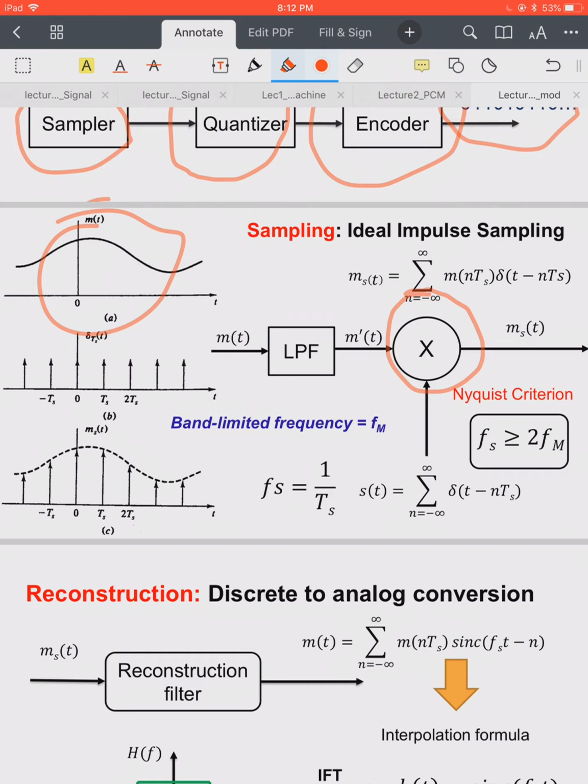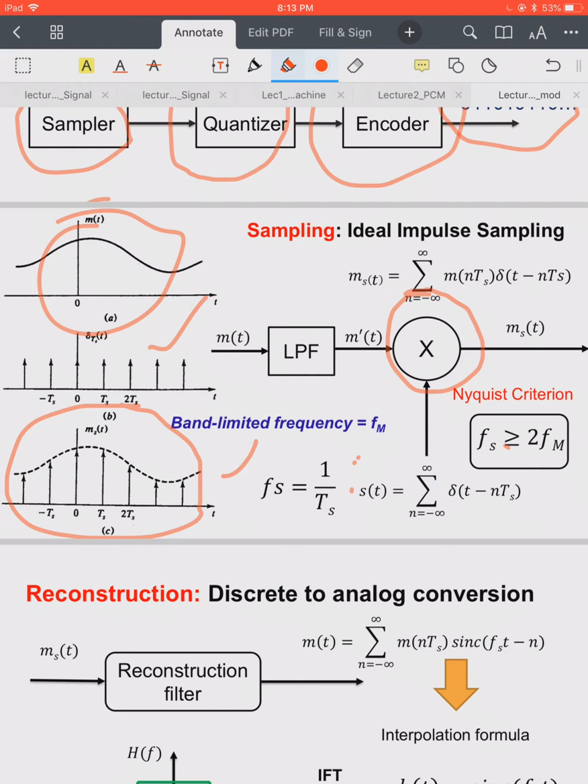This s(t) is the Dirac comb function, and it will produce a sampled version of the input analog signal, right? So this is a discrete time signal it will produce.